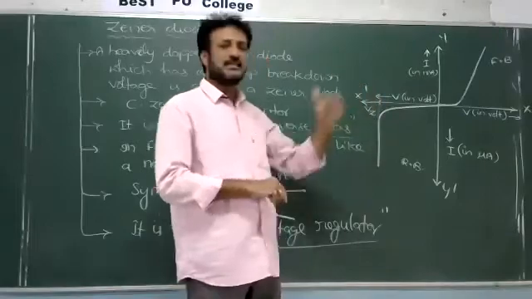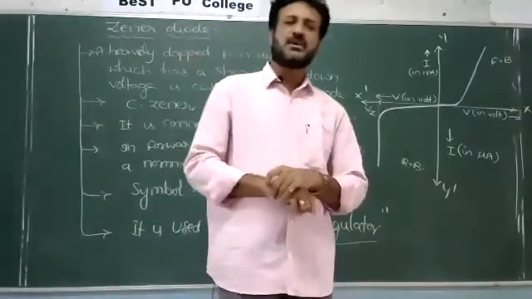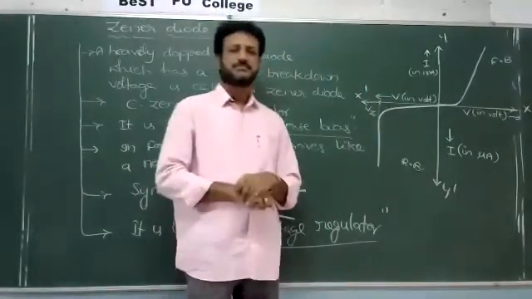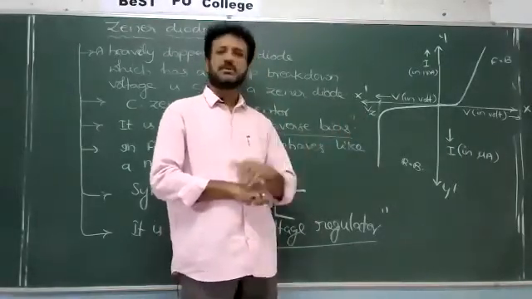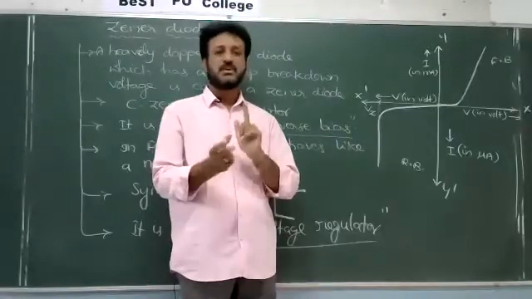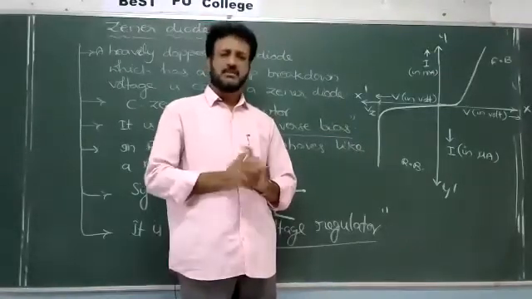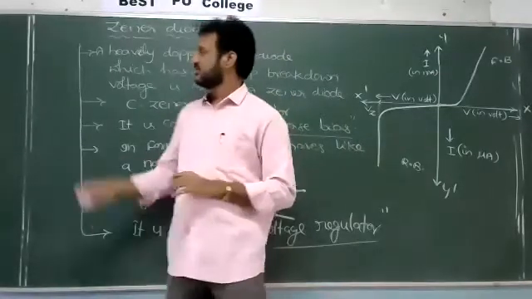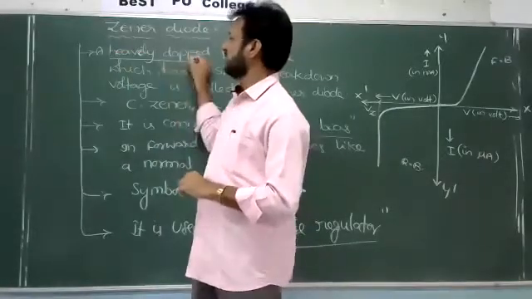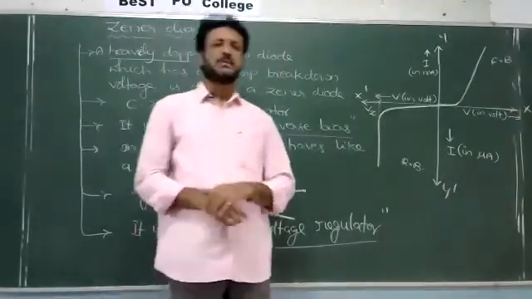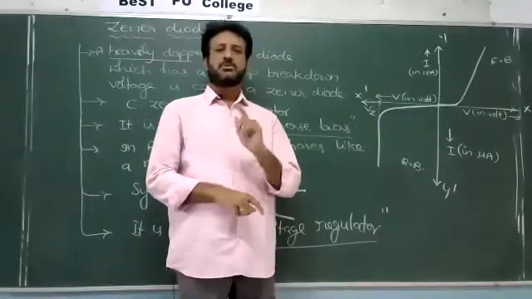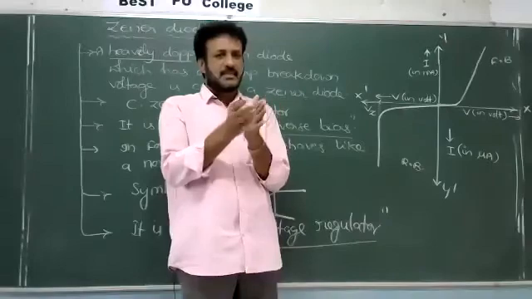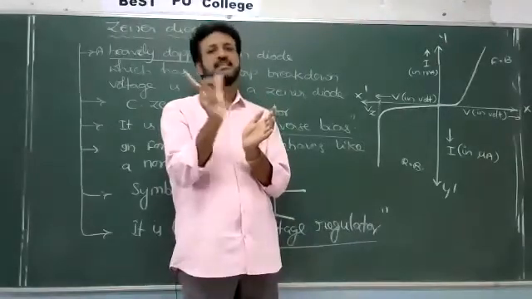But on what factor does this Zener voltage, or breakdown voltage, depend? It mainly depends upon the amount of doping. If more doping is there, the diode is heavily doped. More doping means the thickness of the depletion layer becomes very thin.